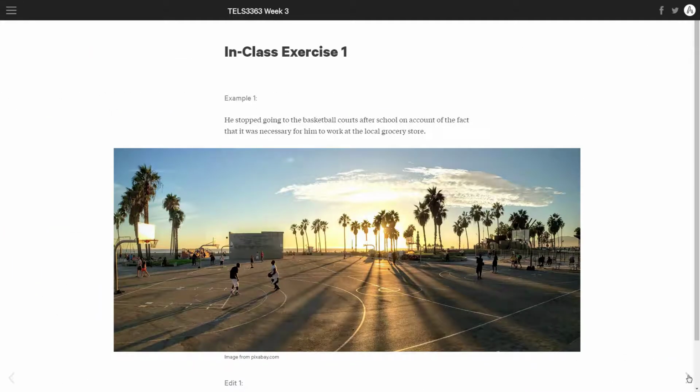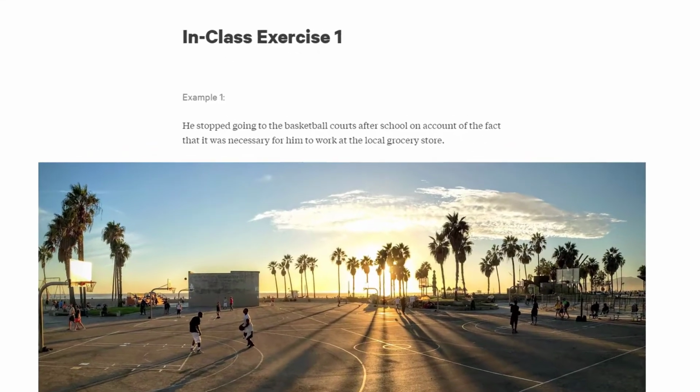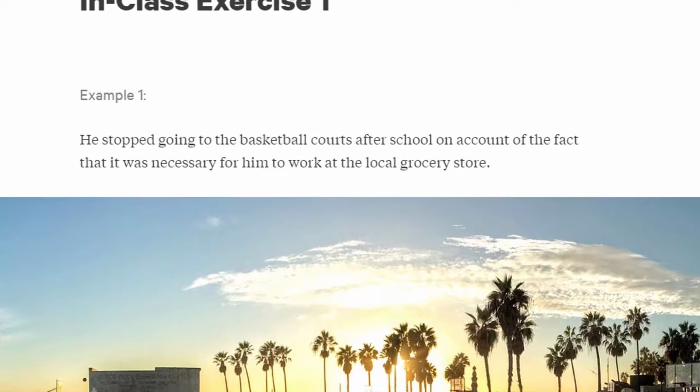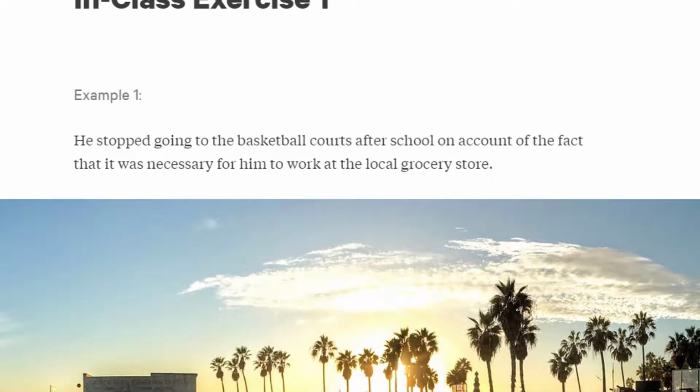I'm sorry that this still says in-class exercise at the top since you are clearly not in class, but we'll pretend a little bit. So the first example we have is: he stopped going to the basketball courts after school on account of the fact that it was necessary for him to work at the local grocery store. I would like you to take just a few seconds and see how you would reword that to make it as concise as possible without losing any of the meaning.